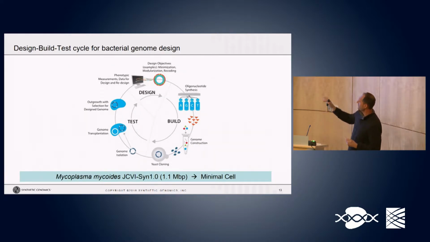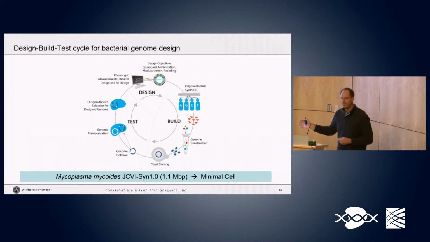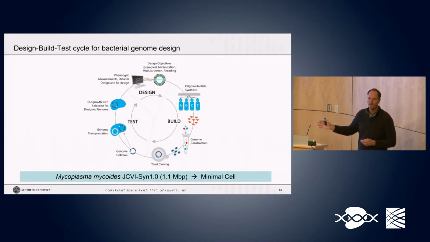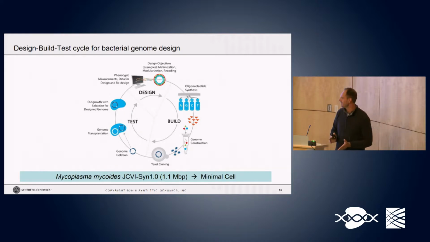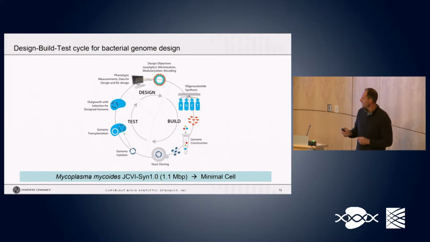So let me just very quickly take you through our design, build, test cycle for how we went from the Mycoplasma mycoides synthetic cell, which we called SYN 1.0, which has a 1.1 million base pair genome, to how we ended up with a minimal cell.